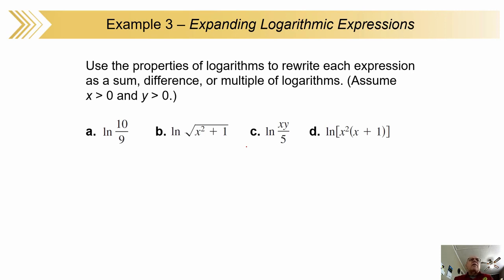Now I've got four examples here. And let's take the first one. Notice that we've got division, so we're going to be subtracting. So we'll have the natural logarithm of 10. Remember, this means what exponent does e need to give us a 10?